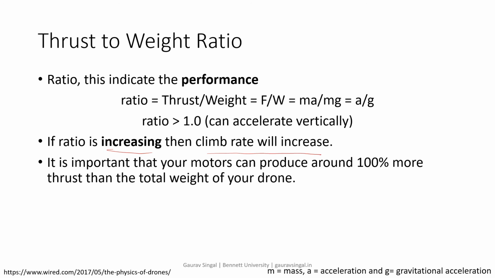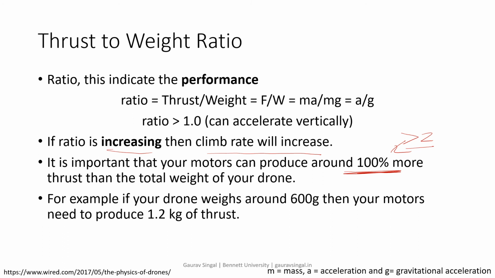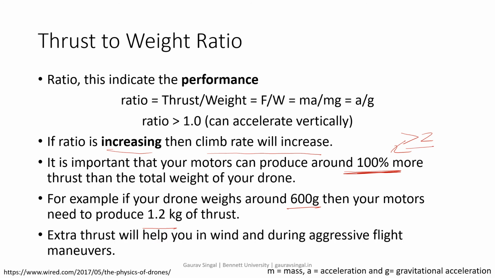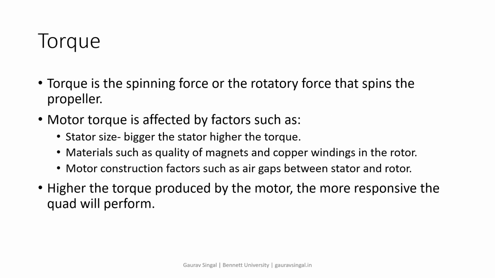It is important that your motor can produce around 100% more than the total weight of your drone. For example, for 600 grams, we need 1.2 kg of thrust, which we covered in the last one. Extra thrust will help you in wind and during aggressive flight maneuvers.